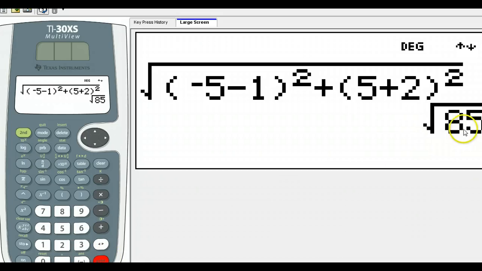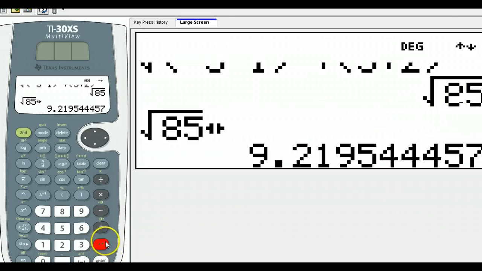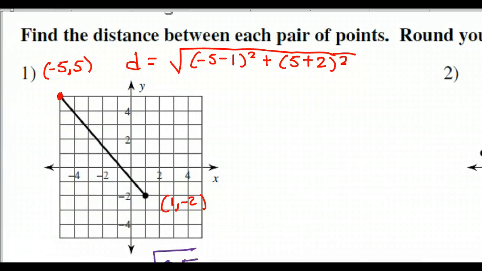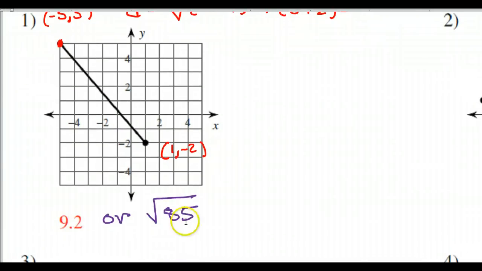That comes out to be the square root of 85, which is also known as 9.2. So that is how I got the square root of 85, or 9.2.